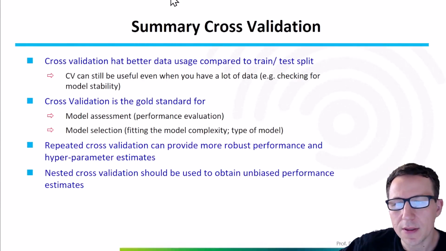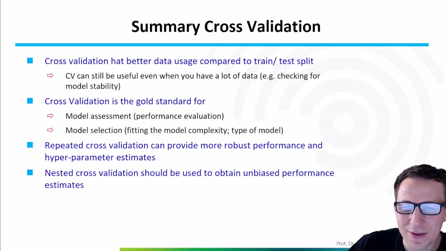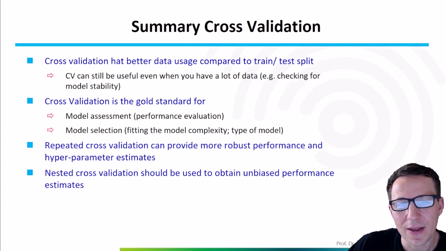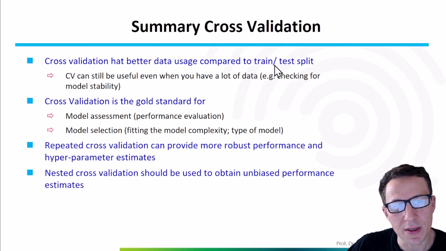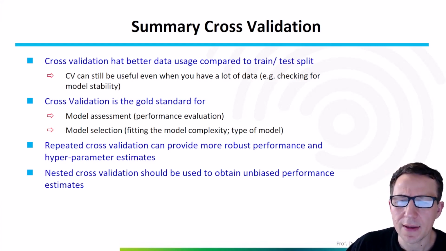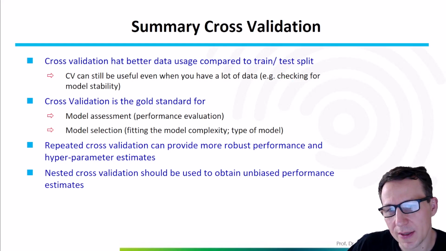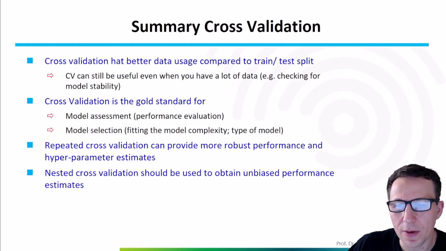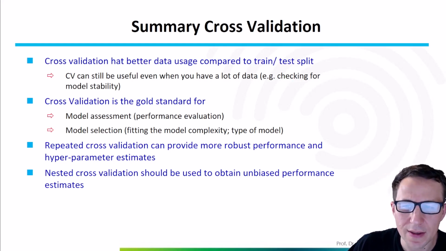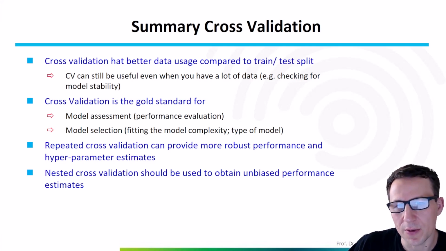And with this, I would like to conclude today's lecture. As a quick summary, cross-validation is an amazing tool. It can help you answer a lot of questions regarding your data. The key advantage is that it makes much better use of your data compared to a traditional train-test split. And even if you have tons of data, where you don't really need it, CV can still be very useful.